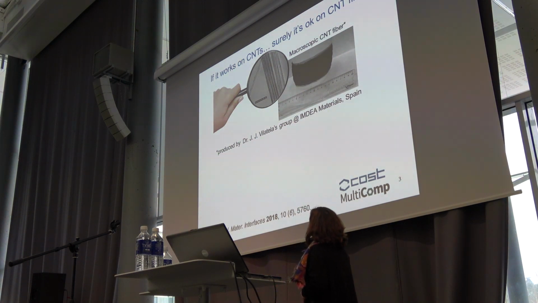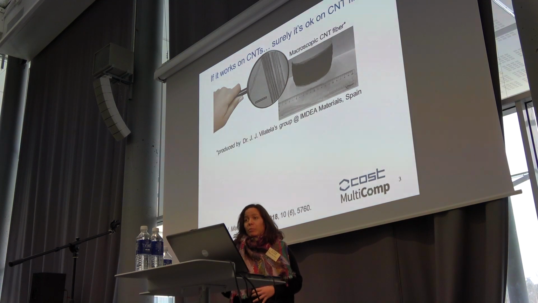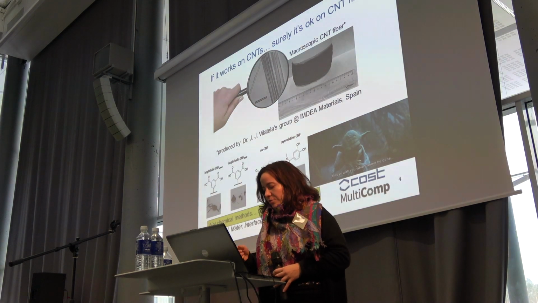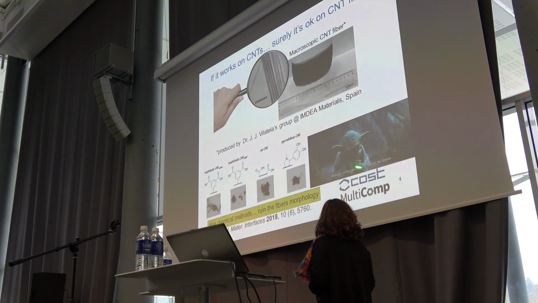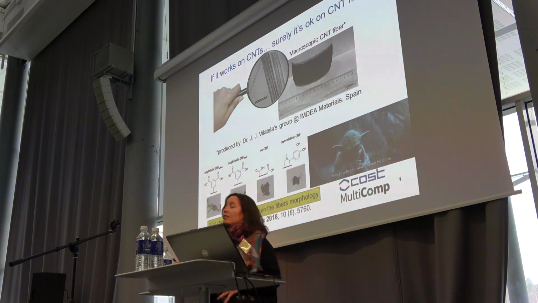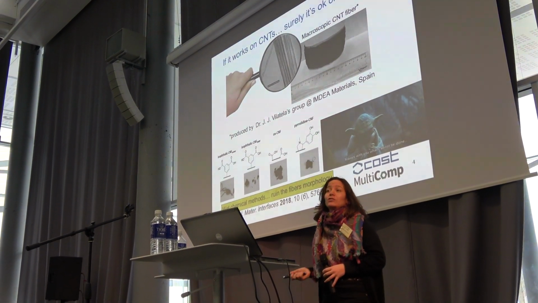So you may think that the kind of approaches that you use to functionalize covalently carbon nanotubes in dispersions can easily be applied also on this kind of macroscopic material. However, to make the story short, it's not a good idea, as Yoda is suggesting here, shaking his head, because with the typical liquid-based functionalization methods, you ruin the macroscopic morphology of the carbon nanotube fiber.